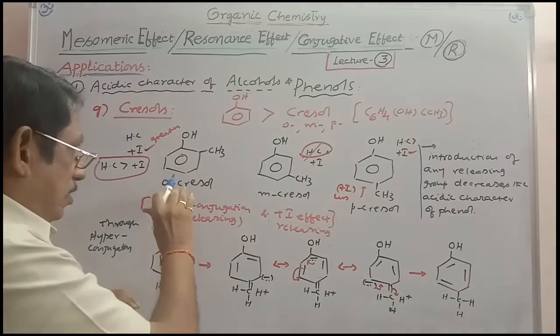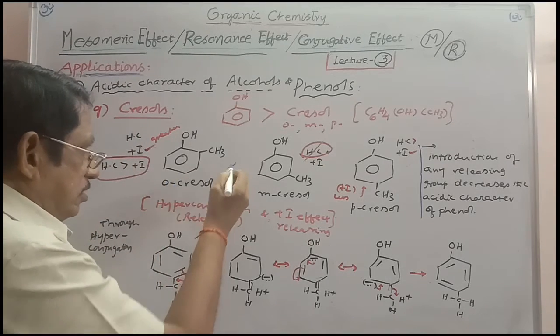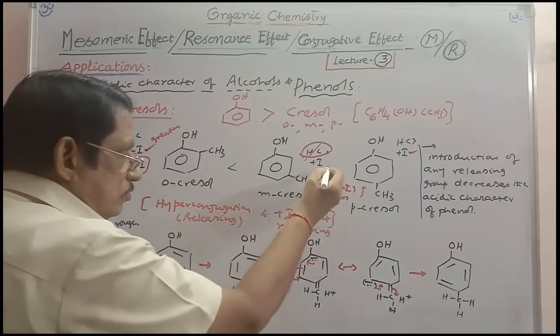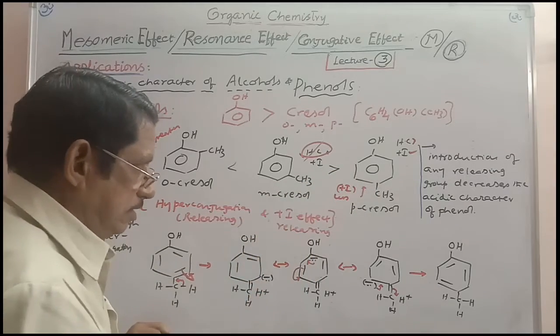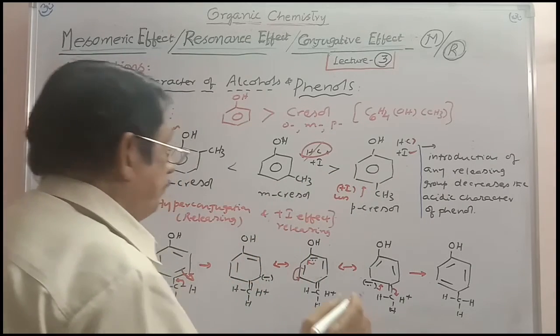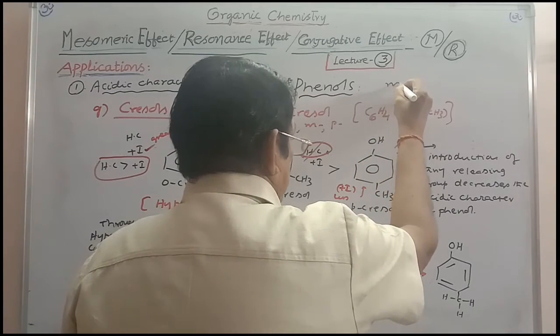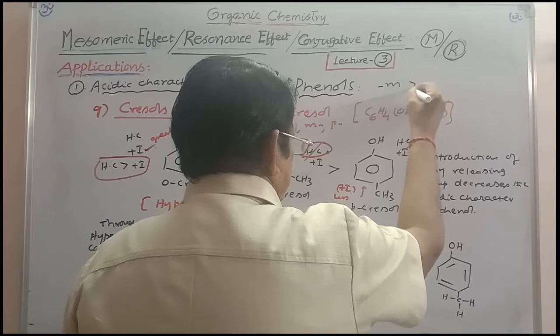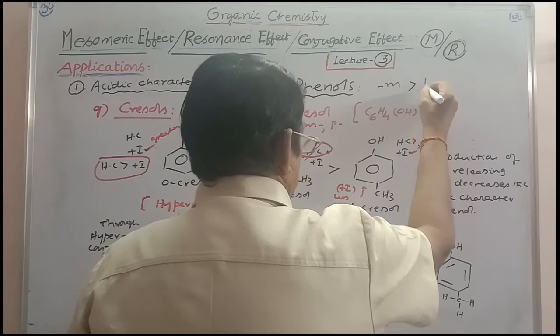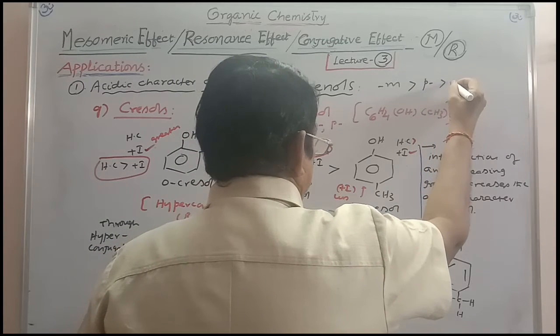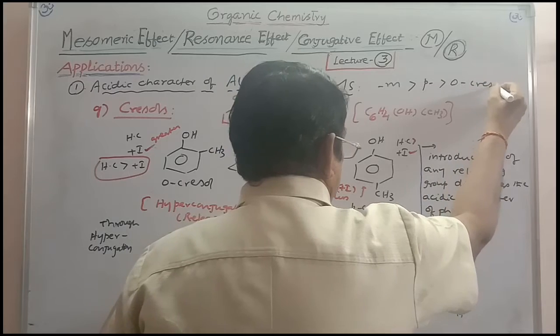And so here, orthocresol is less acidic than metacresol. Metacresol is more acidic than paracresol. Once again, you have to remember, meta is more acidic than para, is more acidic than orthocresols.